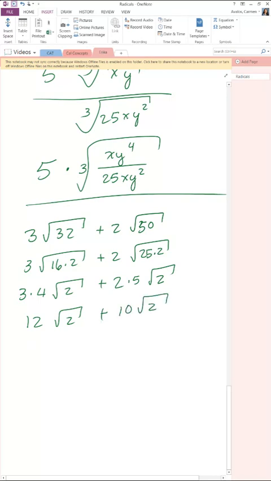Those are both the same indexes, so it's like saying the same variables. They have to look exactly the same. There's 12 of the square roots of 2's, and this one has 10 of the square roots of 2, so together we have 22 square roots of 2. And so it's not the same as when you're multiplying.